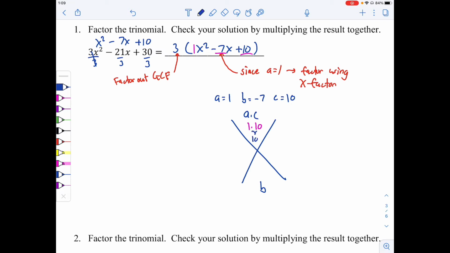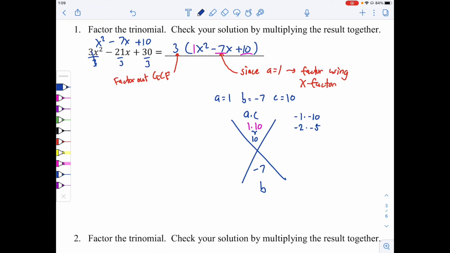Multiply that together, we get 10. Our b is in the middle, negative 7. We need two factors of 10 that add to negative 7. Negative 1 times negative 10? No. Negative 2 times negative 5. That adds to negative 7. They both need to be negative to add to a negative, and we have a positive multiplication.